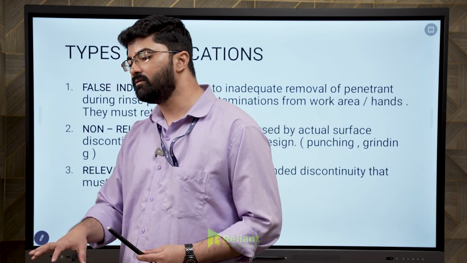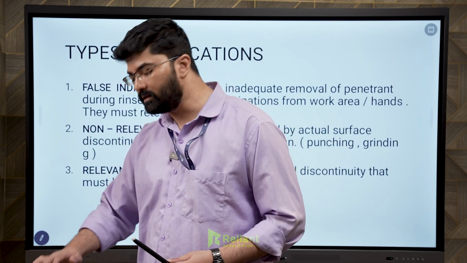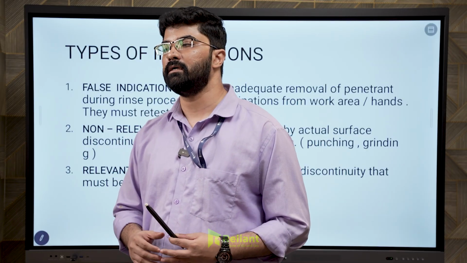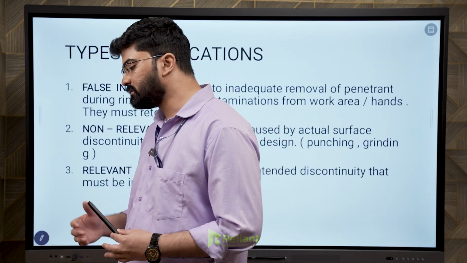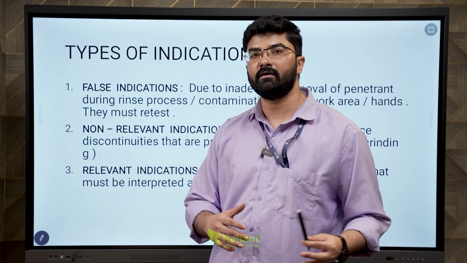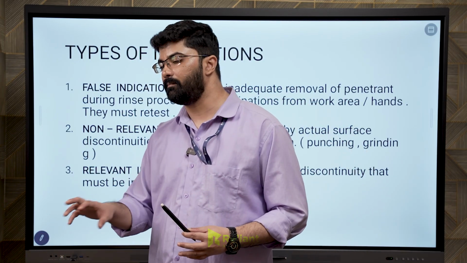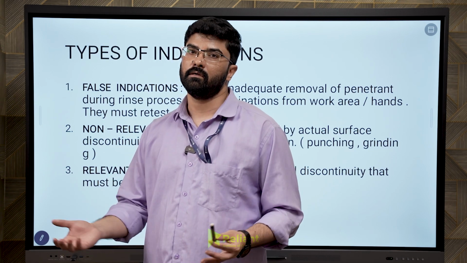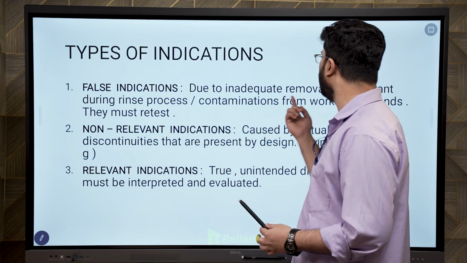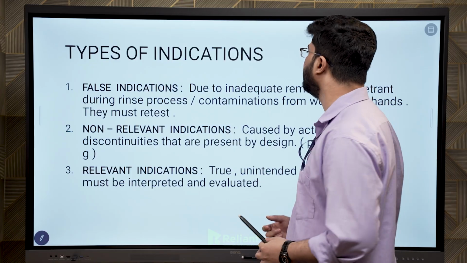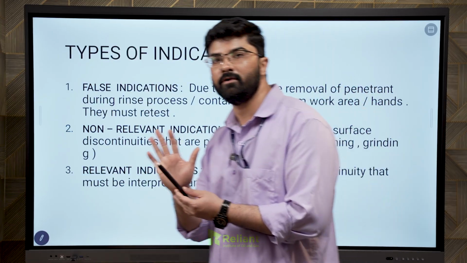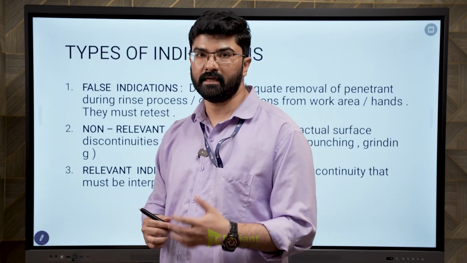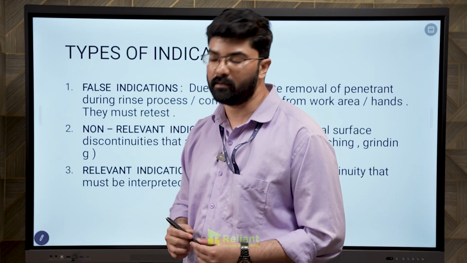Those areas will have the penetrant on the surface like a thin film, but you did not notice to clean it. After you apply the developer, it will appear like a defect. As you can see here, it is due to inadequate removal of penetrant, rinsing, contamination, or even contamination on your hand, which will lead to a wrong decision, as false indication will come.